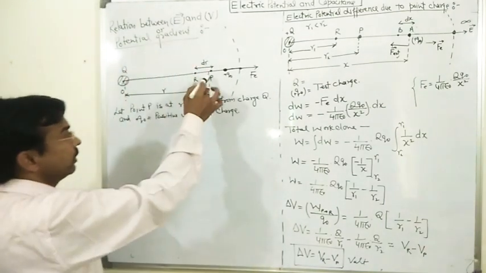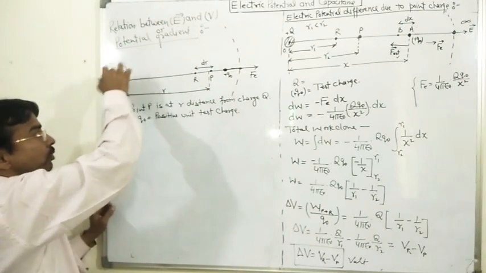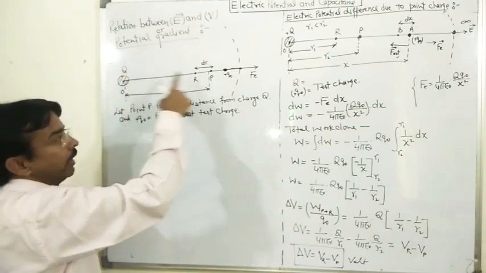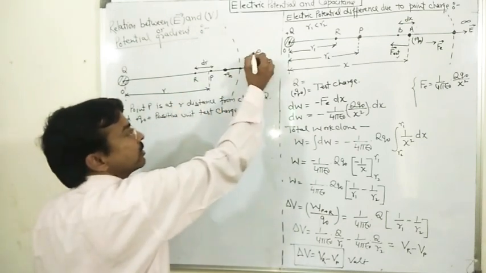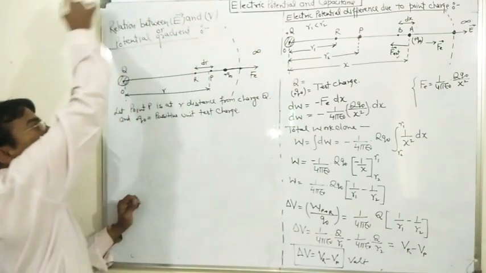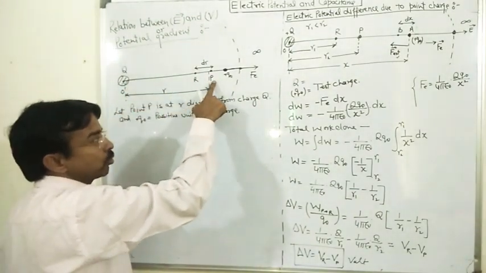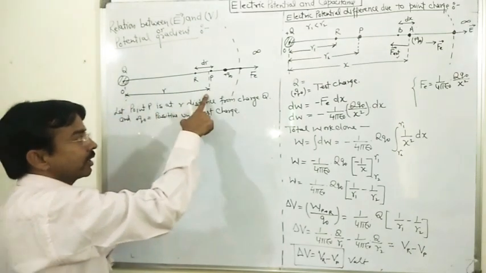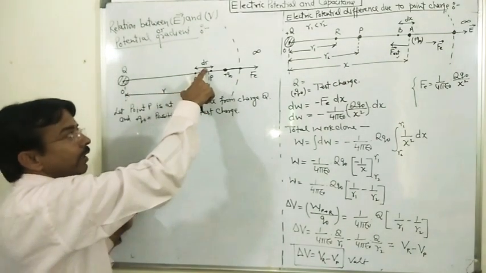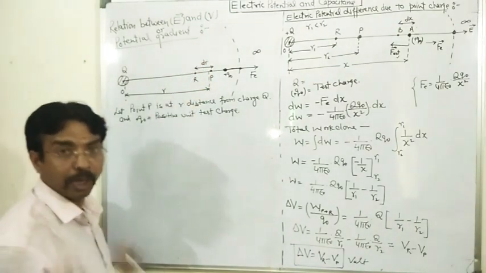Okay, so again in a similar condition to before, we are choosing a source charge capital Q, and its region extends up to infinity. That is the electrostatic region of source charge capital Q. And suppose I am choosing two different points P and R. They are small r distance from the source charge and very close to each other, an infinitesimally small distance dr apart.